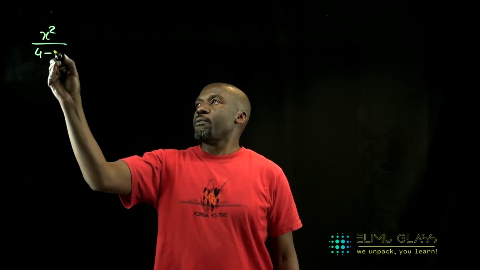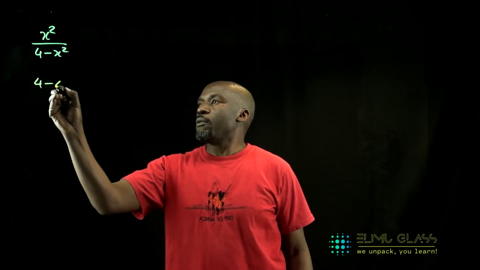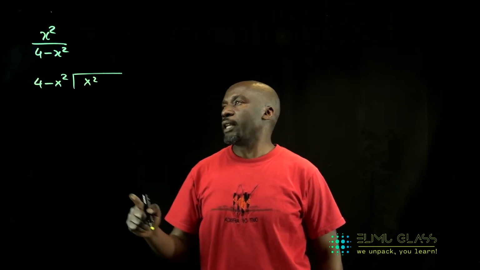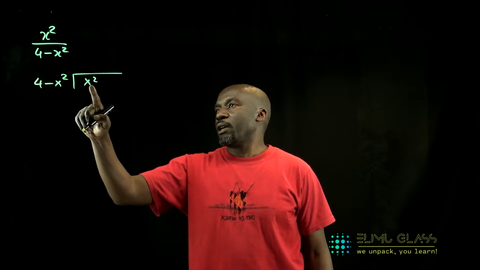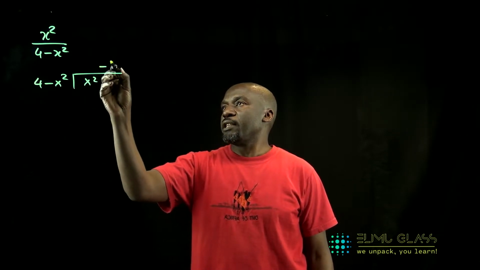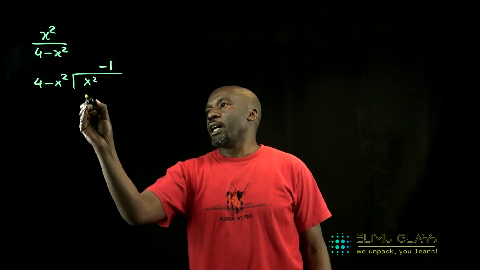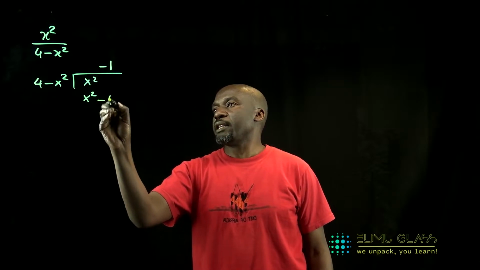x squared over 4 minus x squared. So I can write this as 4 minus x squared. I'm going to do long division, so x squared there. Negative x squared goes into x squared negative 1 times. Then we multiply back and we get negative x squared, this times that, and we say minus 4.